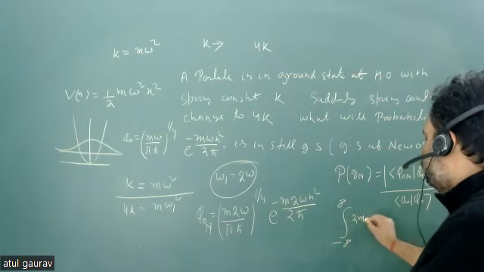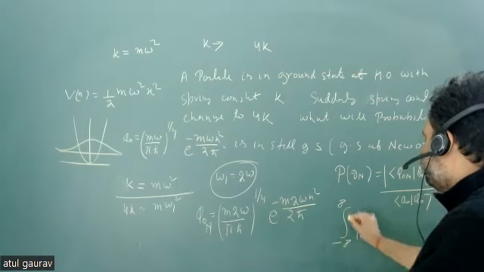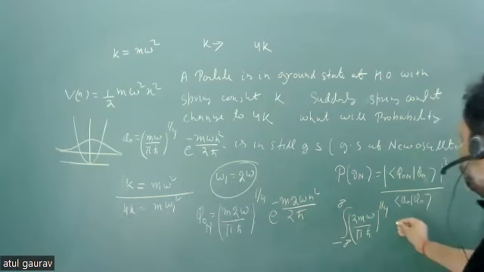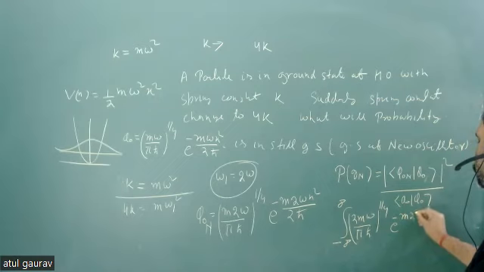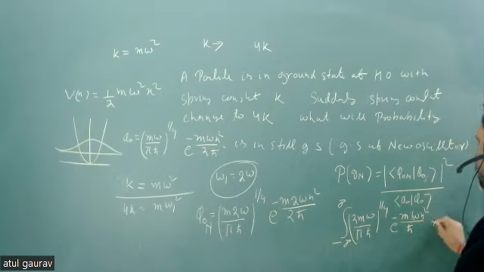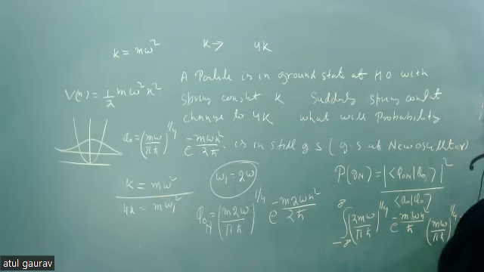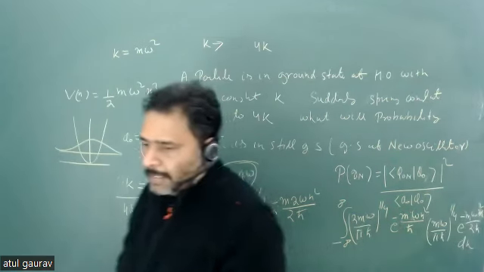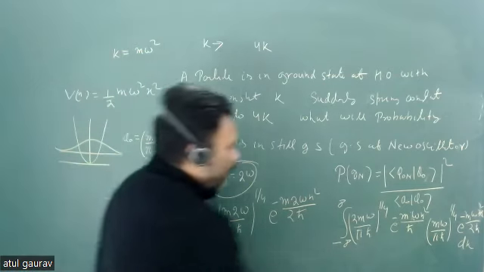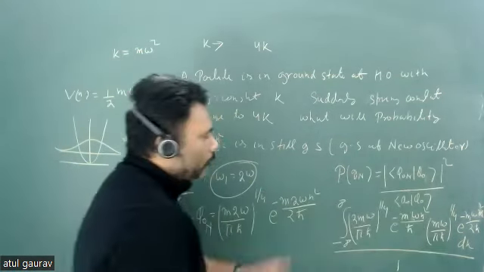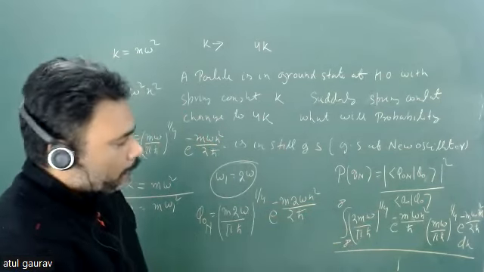It is (2m omega upon pi h cut) to the power 1 by 4 e to the power minus m omega x square upon h cut, and here is (m omega upon pi h cut) to the power 1 by 4 e to the power minus m omega x square upon 2h cut into dx. क्लियर है ये? और नीचे वाला पार्ट तो नॉर्मलाइज है, दोनों ही केस में. सो दिस इज 1. यू कैन इजिली कैलकुलेट दिस थिंग. कैलकुलेट कर लोगे?